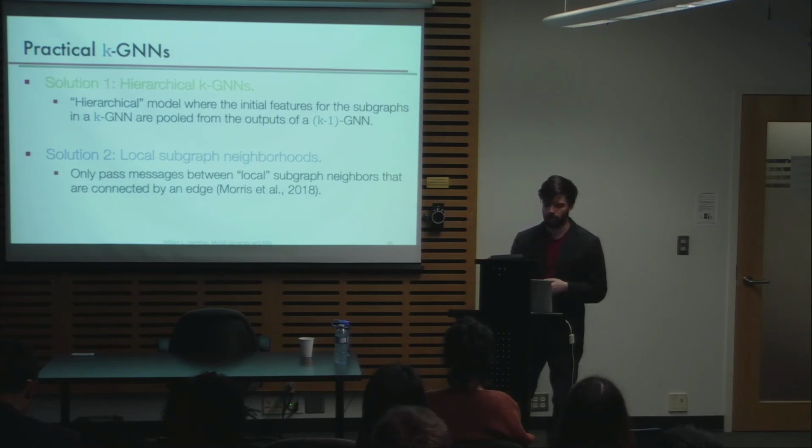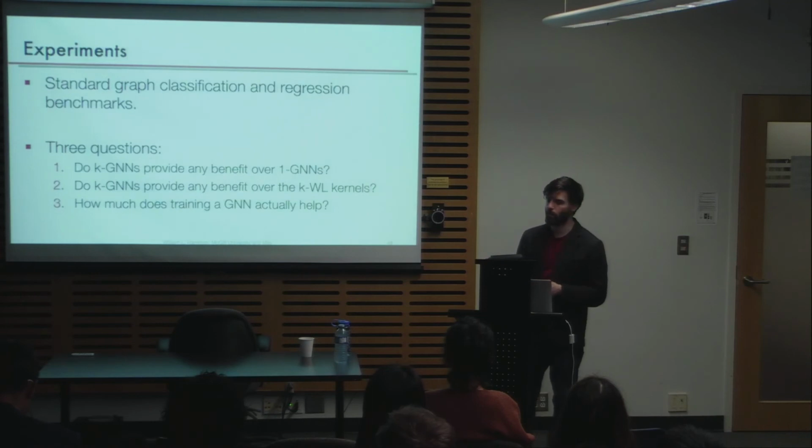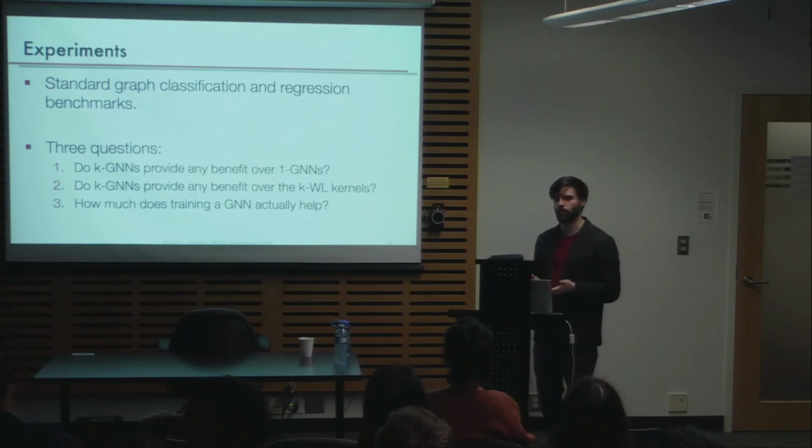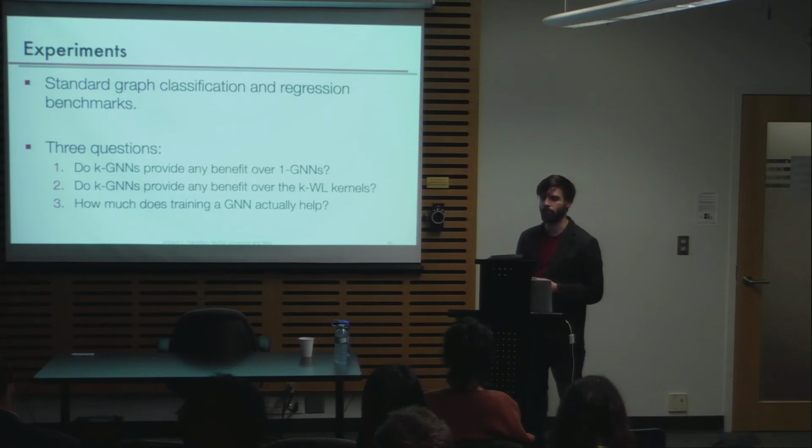And so when we look at our experiments, what we did is we looked at some standard graph classification benchmarks. We should say that some of these benchmarks are not the most exciting benchmarks because they're relatively small graphs, but they're very well understood from the perspective of evaluating classic graph kernels. And we were interested in three questions.